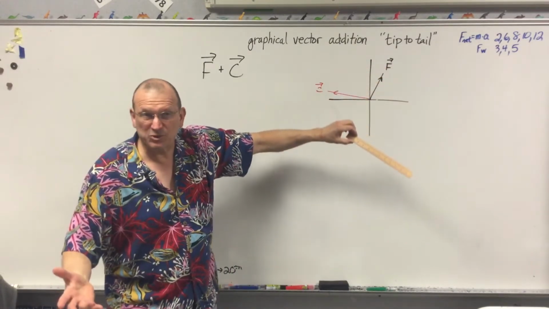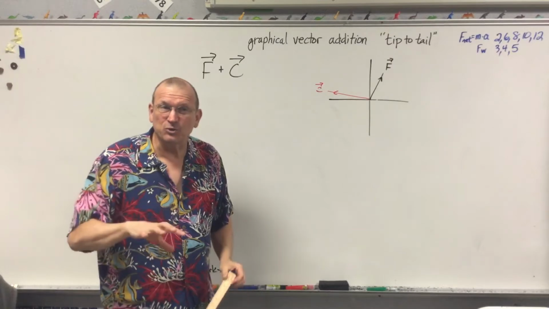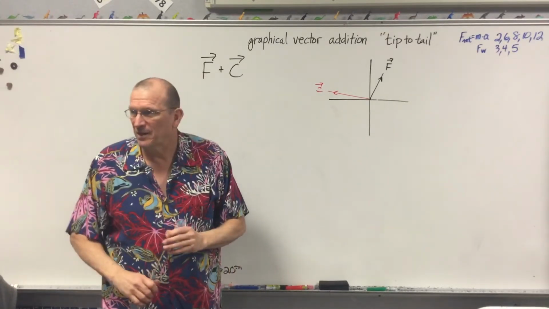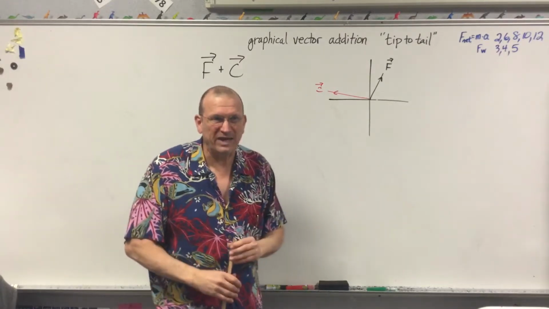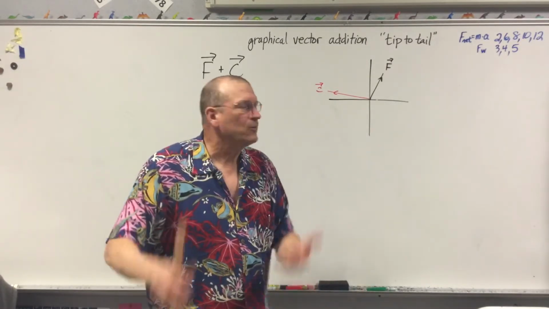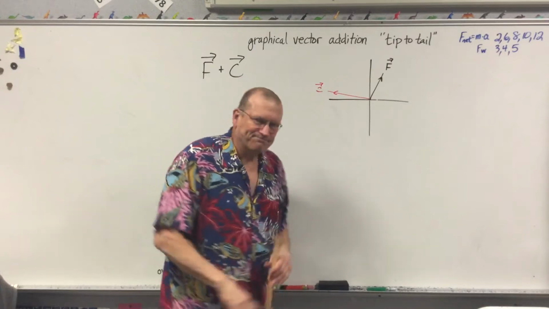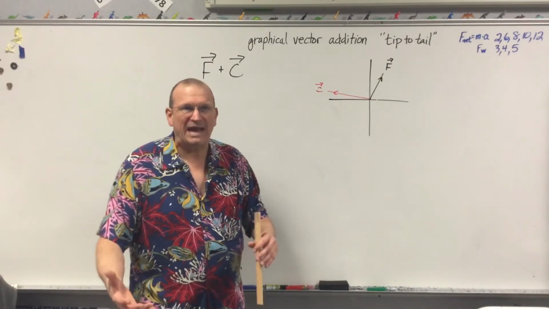You guys don't have those tools, so what you're going to have to use is your protractor. And this is where the fact that you have graph paper is going to be helpful to you. And I'll talk about that when we discuss how you're going to add these things together.